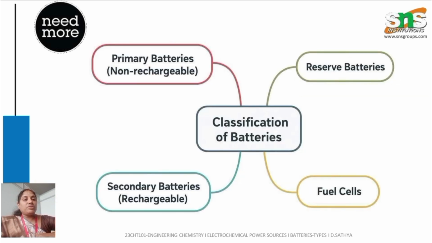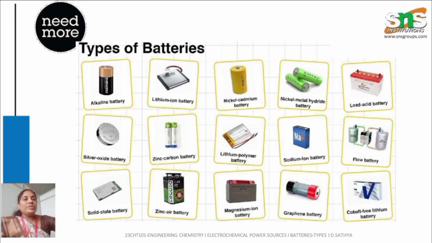So, classification of batteries: we already discussed the four types in previous slides: primary batteries, secondary batteries, reserve batteries and fuel cells, rechargeable and non-rechargeable batteries. So these are the types of batteries: alkaline battery, lithium-ion battery, nickel-cadmium battery and silver oxide battery.